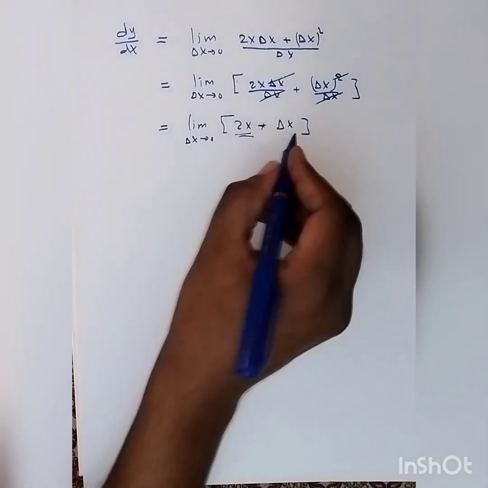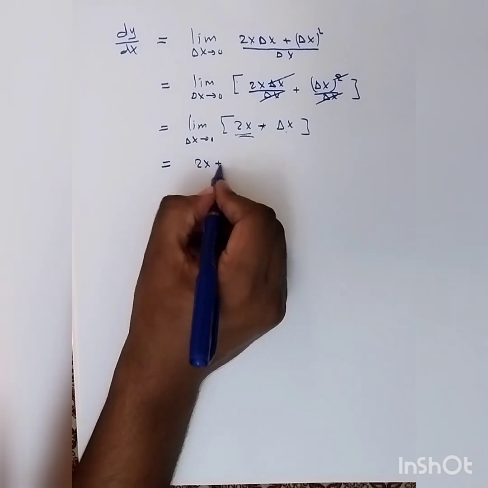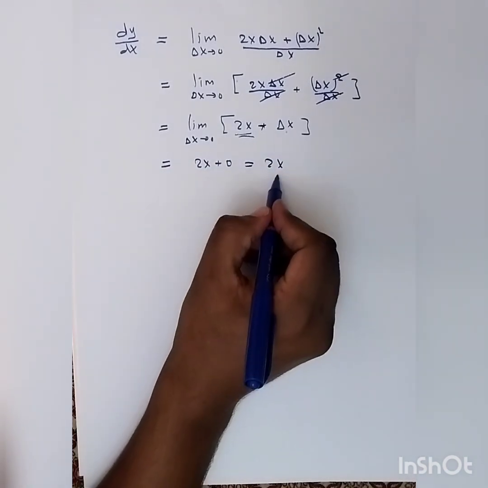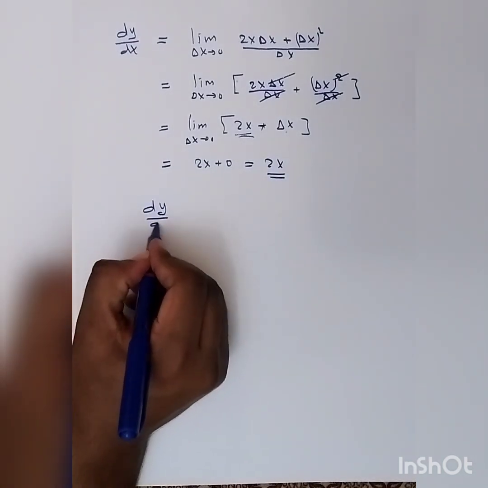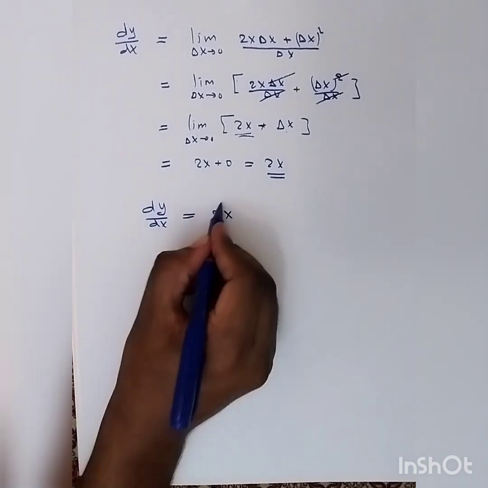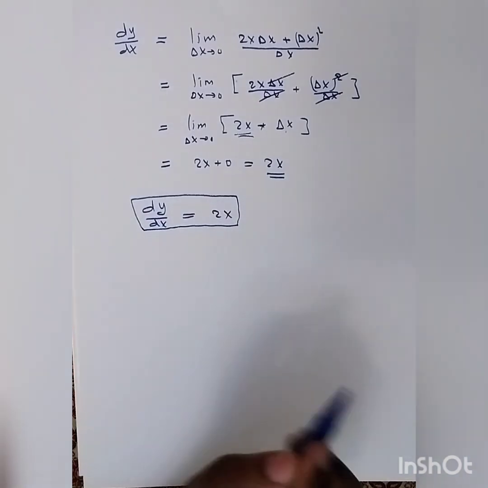That means that will be equal to 2x plus 0, which is equal to 2x. So this is the final answer. Now finally we need to write it very clearly: dy by dx is equal to 2x, and this is what we would like to find. So this is the final answer.